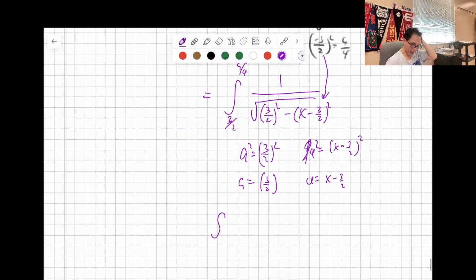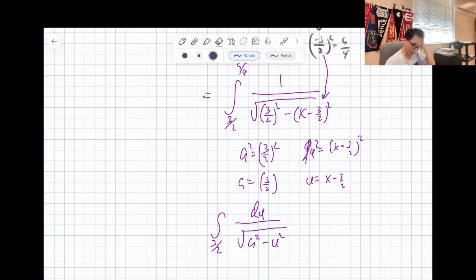So that is going to be the integration of 3 over 2, 9 over 4, du over the square root of a squared minus u squared. Now it's not 9 over 4, sorry, I'm going to change the boundary. What is the boundary here?